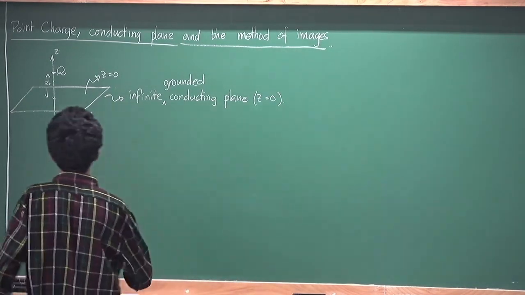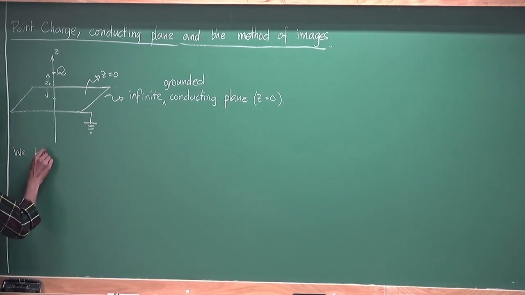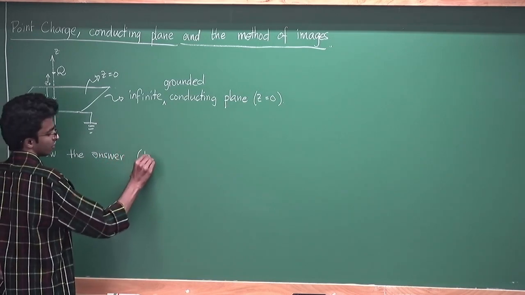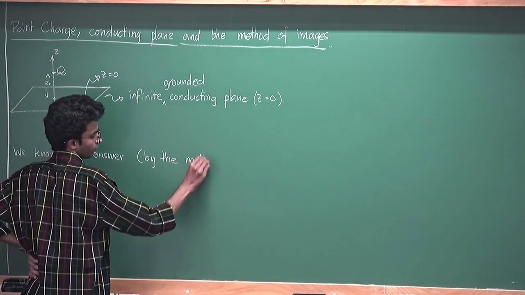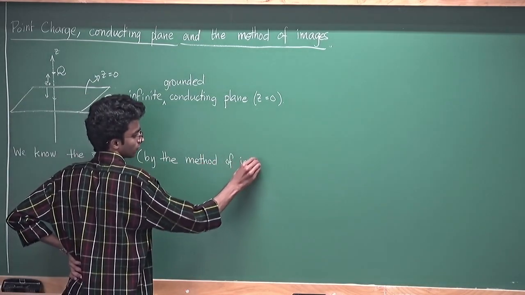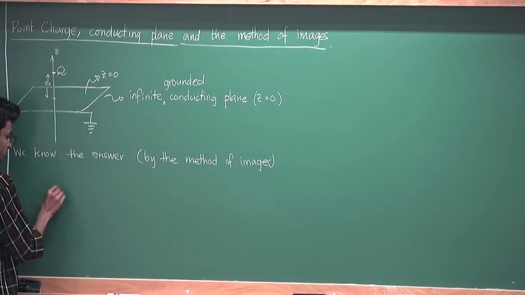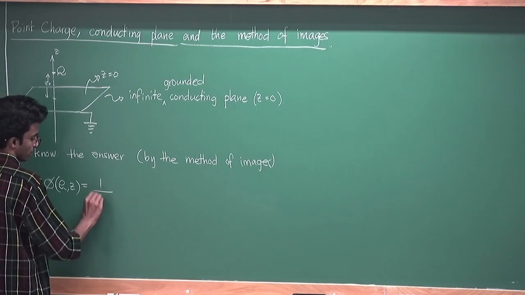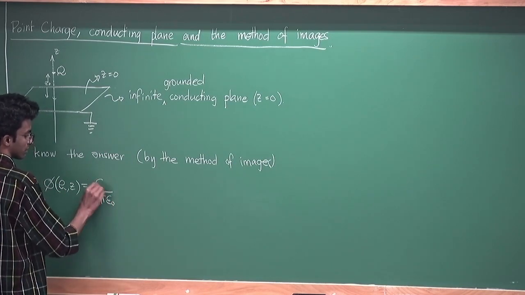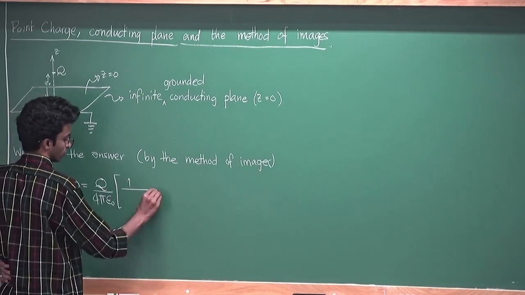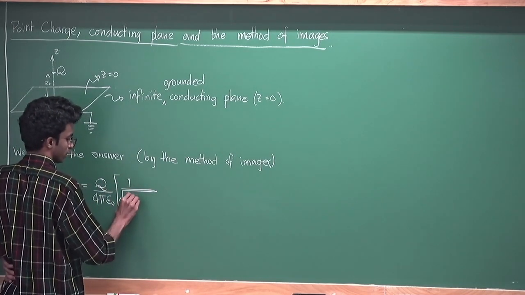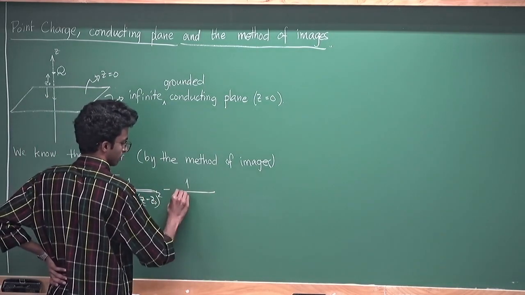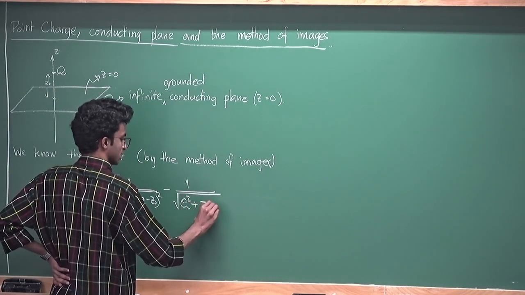So we know the answer by the method of images to be that the potential at some rho comma z is equal to q over 4 pi epsilon naught, times 1 over square root of rho squared plus the point charge at z naught and the opposite point charge at minus z naught.